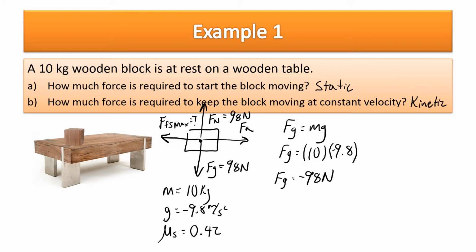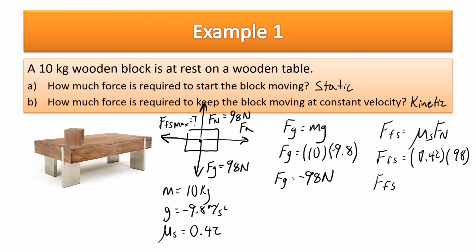So now you know the normal force, and you can calculate the frictional force. You do Ff equals mu Fn. Static, so Ffs is equal to 0.42 times our normal force, 98 newtons.